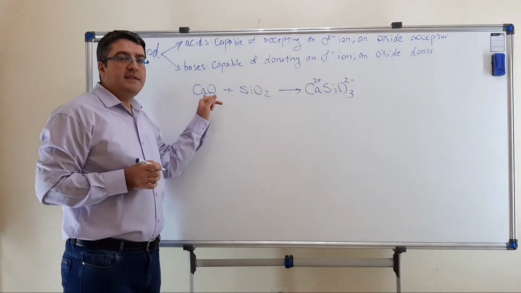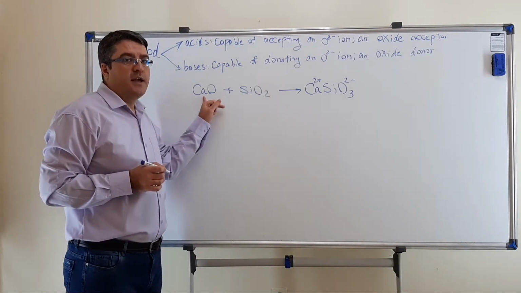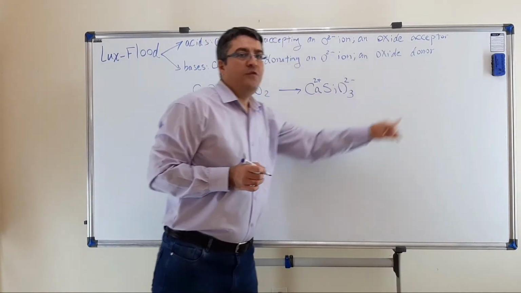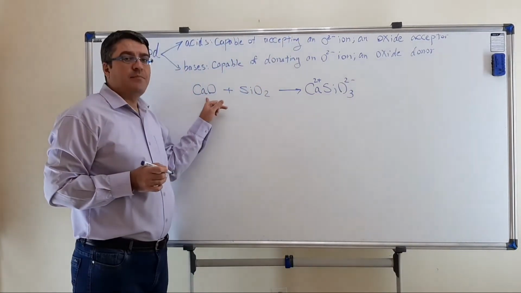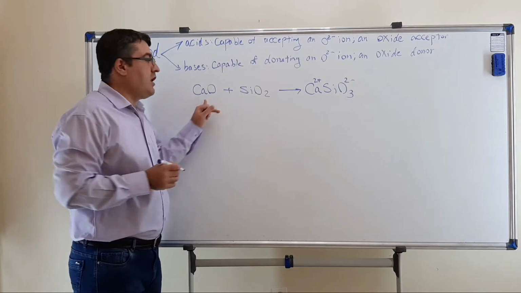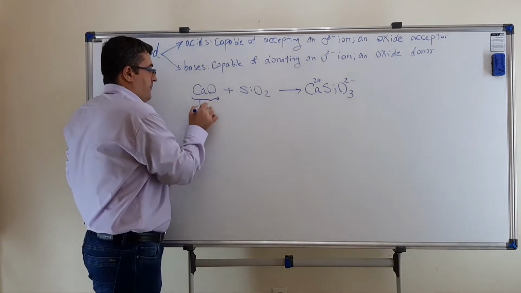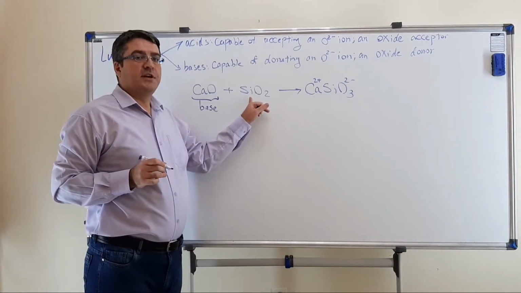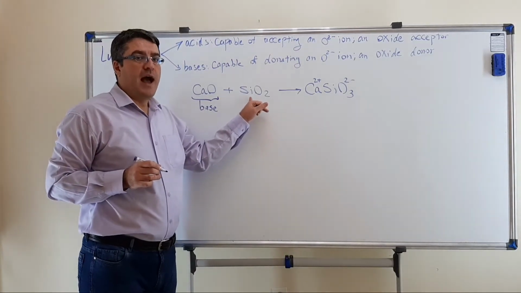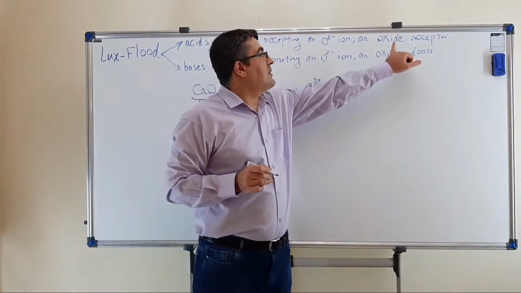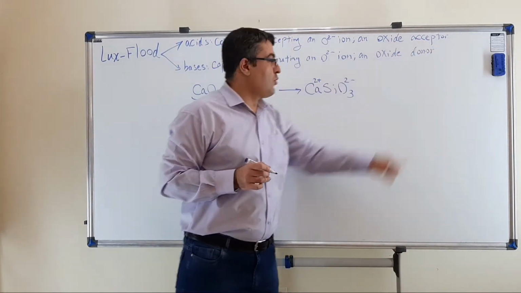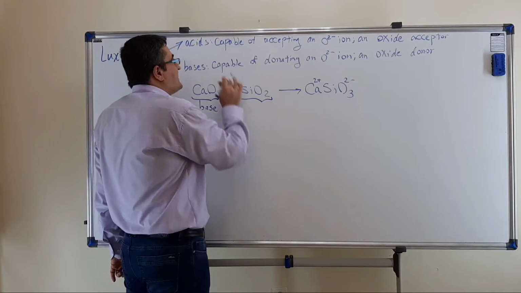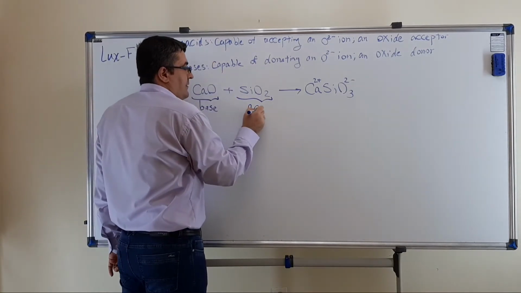We see that in this reaction, calcium oxide acts as an oxide donor, so we can consider calcium oxide as a Lux-Flood base here. On the other hand, silicon dioxide acts as an oxide acceptor, so we can consider silicon dioxide in this reaction as a Lux-Flood acid.